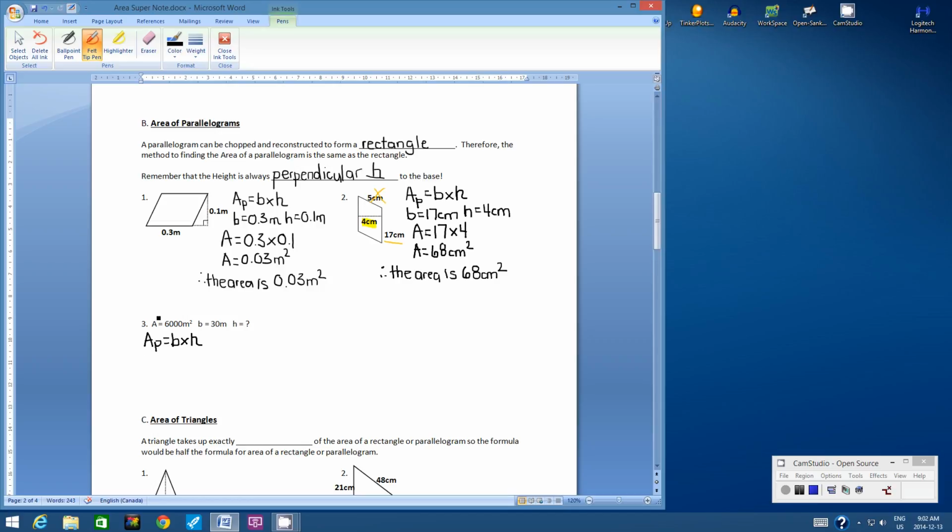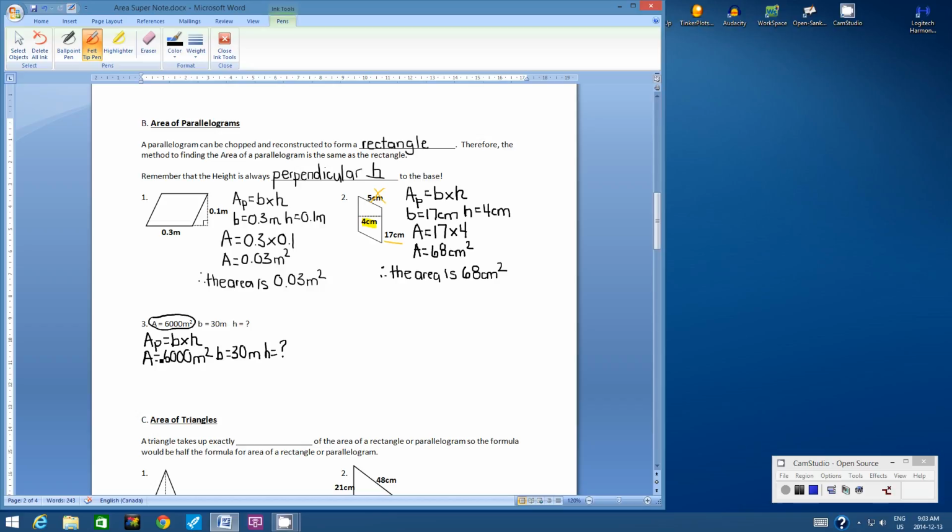So let's see what we know. Well, we're given the area in this case. So let's write down what we know. The area is 6,000 meters squared. What else do we know? We know the base. The base is 30 meters. And we're asked to solve for the height.